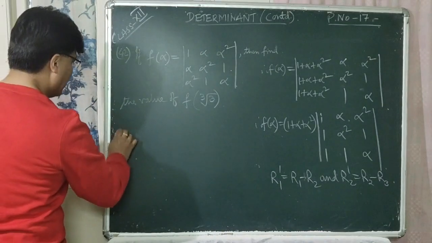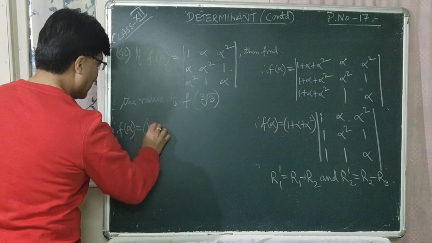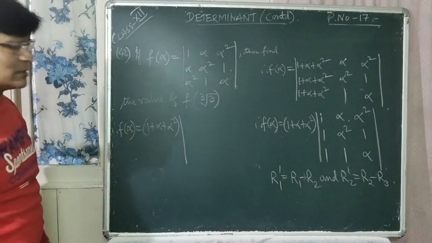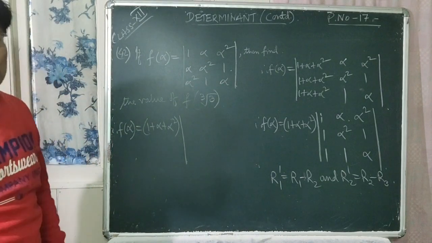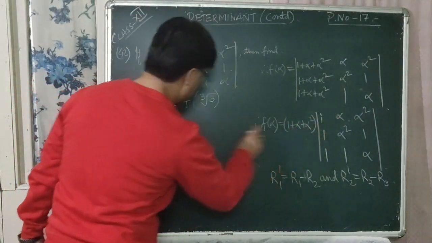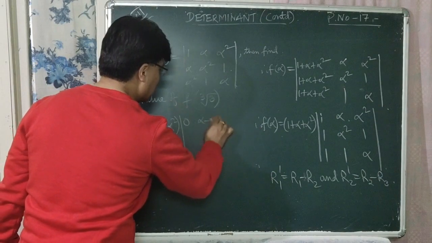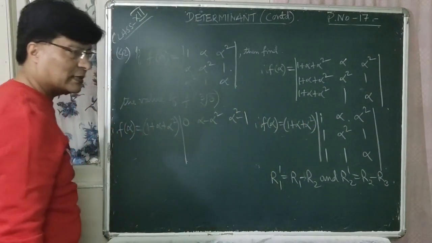So therefore f of alpha, that is function of alpha, is equal to 1 plus alpha square, right? So R1 dash is equal to R1 minus R2. So how does row 1 change? This is R1 minus R2, that is 1 minus 1, 0. Alpha minus alpha square, then comes alpha square minus 1, right?